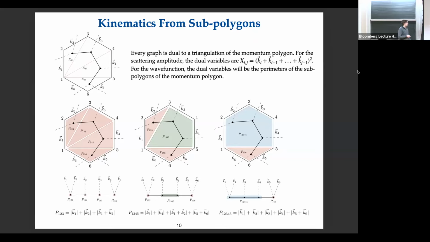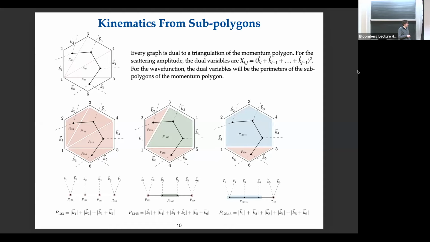And this is for scattering amplitudes, but for the wave function, our poles will be linear polynomials in the energy, so sums of energies. So our variables, you can think of them as perimeters of sub-polygons. So in this case, you can see that this triangle is completely dual to this tube, which we already know what pole corresponds to it.